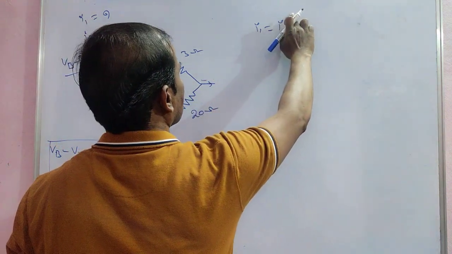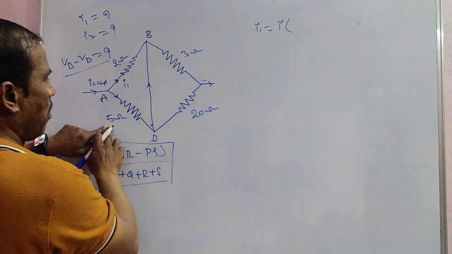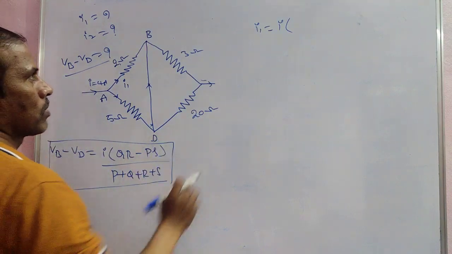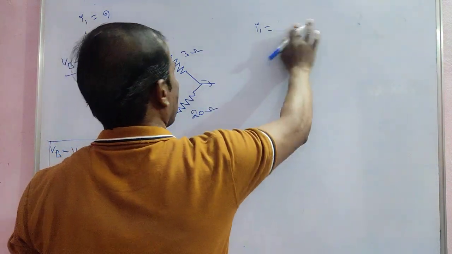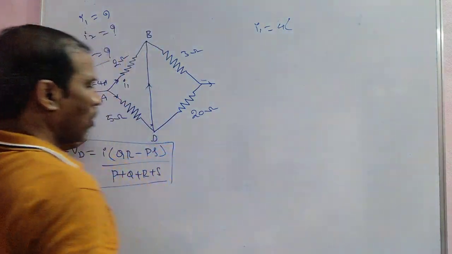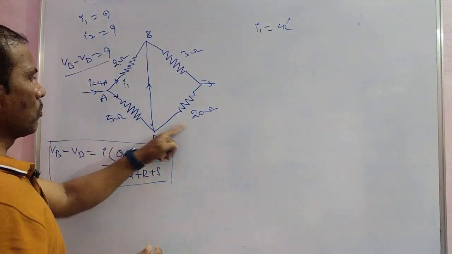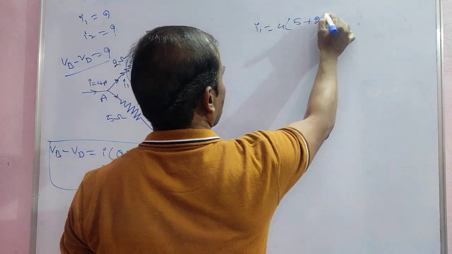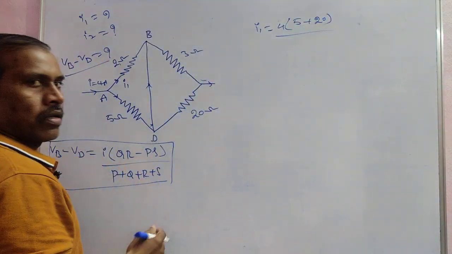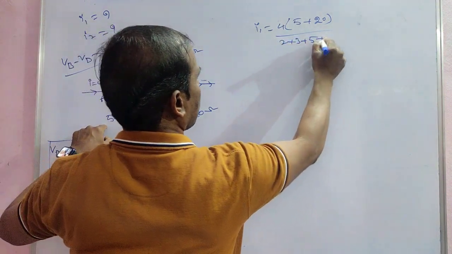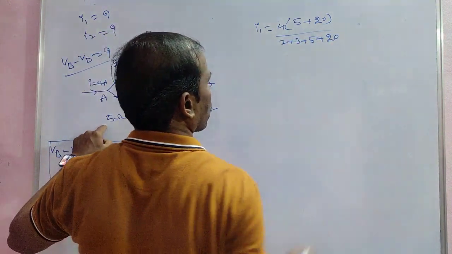I1 is equal to, okay, direct formulas. Values: total current 4 ampere, opposite resistance, the total opposite is 5 plus 20, by total resistance, 2 plus 3 plus 5 plus 20.